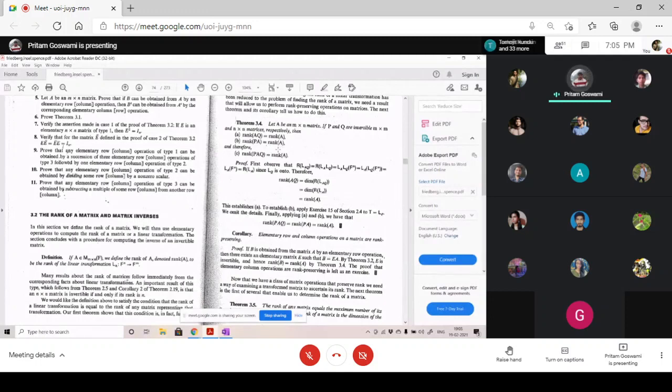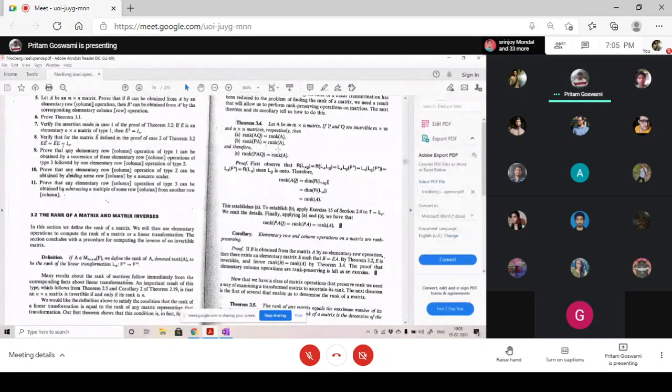Combining both, rank of PAQ equals rank of A, where P and Q are invertible. Invertibility plays a proper role in the proof of this theorem, otherwise you cannot tell this.